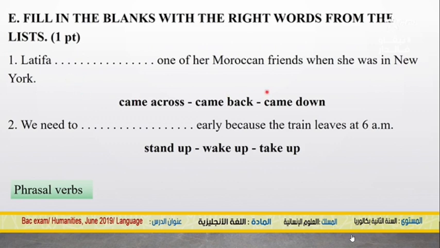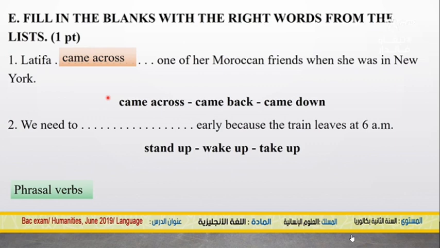So which one of these phrasal verbs means to meet someone by chance or by coincidence? It's this. Came across. Latifa came across one of her Moroccan friends when she was in New York. It means they were not planning to meet.